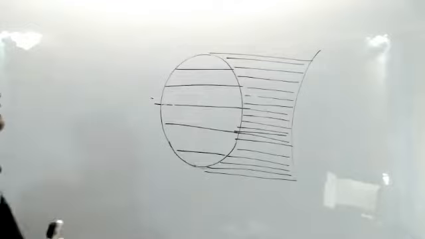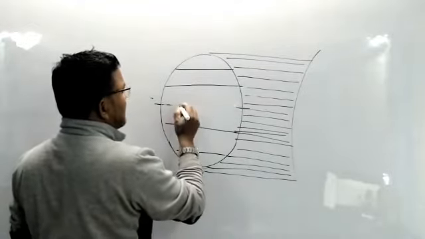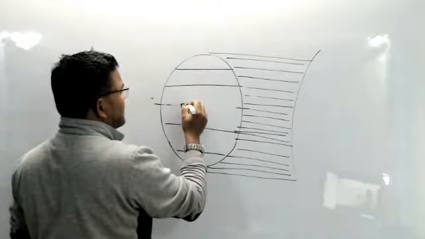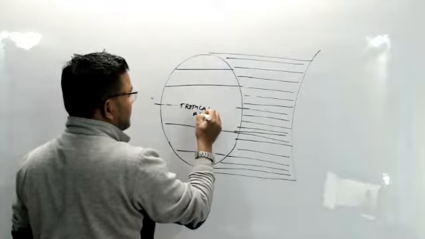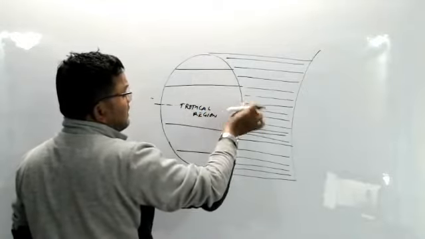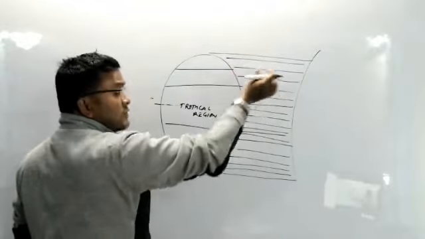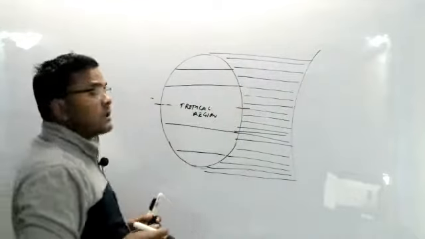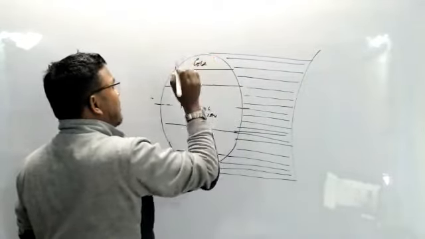This hot area is called the tropical regions. This one is cold area, polar.